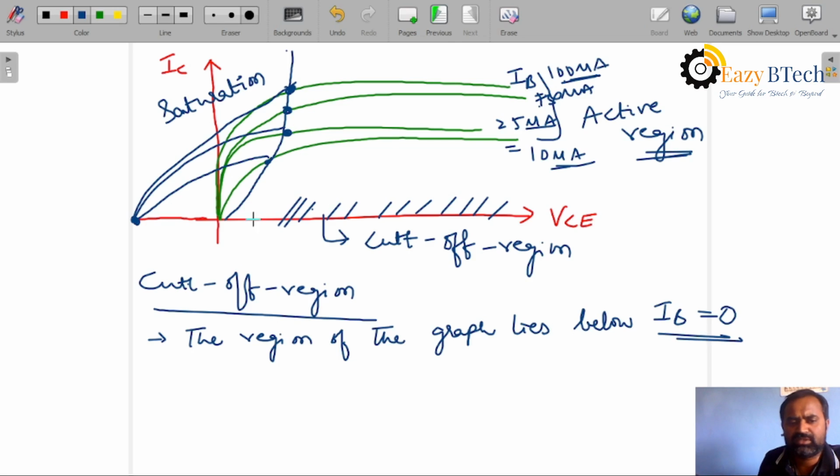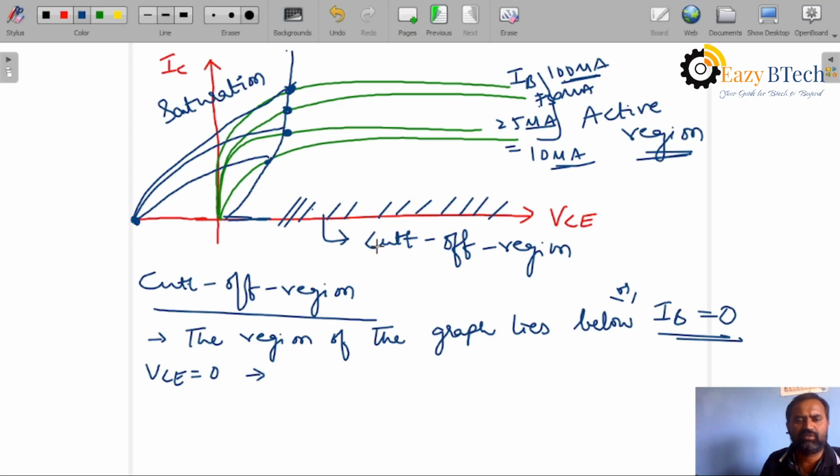IB 0 means this axis only. The region of the graph that lies below IB equal to 0 is known as the cutoff region. In this cutoff region you can clearly see that IC is also 0.